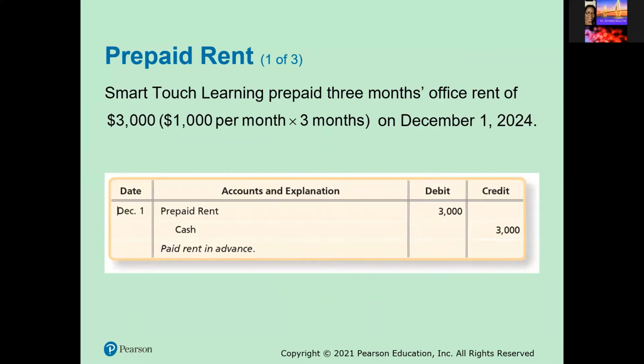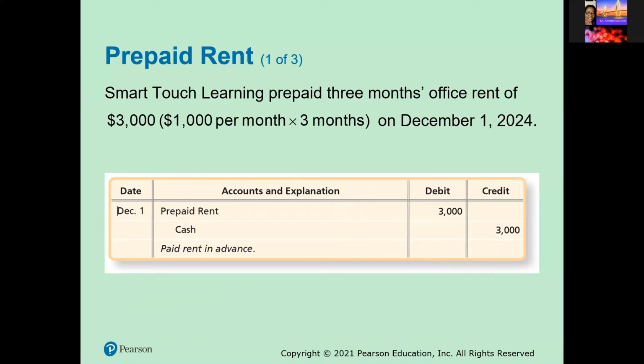Remember in Chapter 2, one of the transactions, I believe it's transaction 10, the company Smart Touch Learning prepaid for 3 months' office rent. They paid $3,000, that's $1,000 per month, on December 1st.